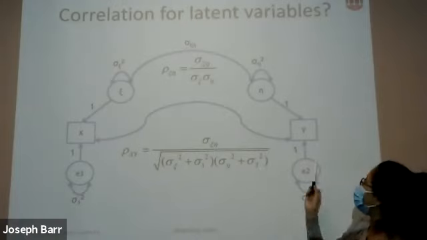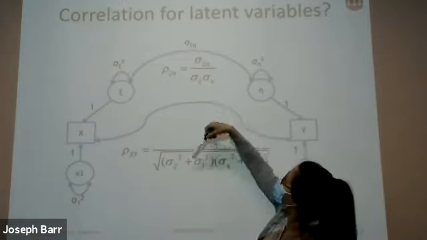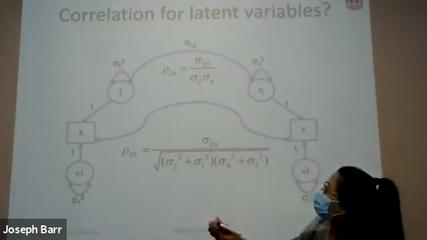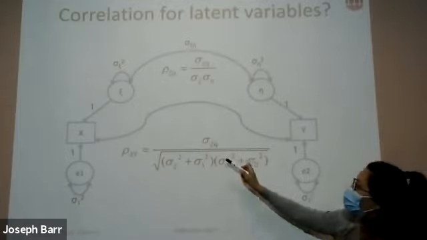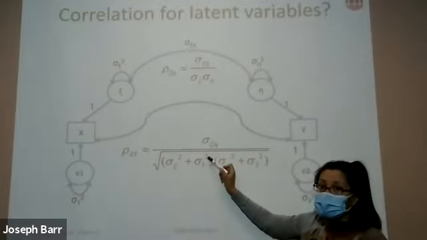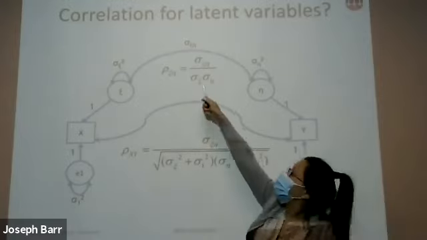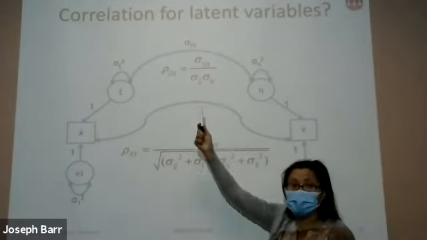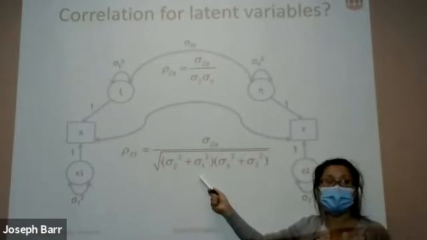So the bottom part is larger, but because it's a ratio, this value is actually smaller because we have some noise.